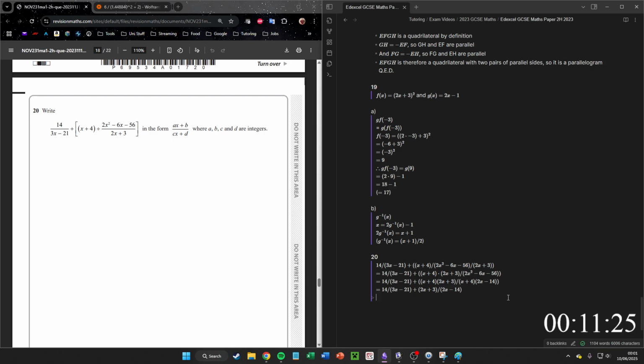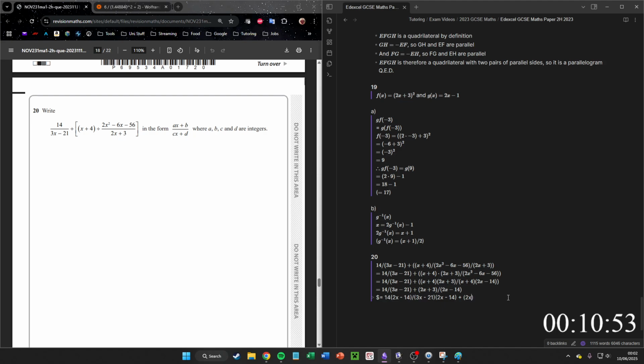Now, this is where it might get a bit horrible. We have to get the common denominator, don't we? So we have to multiply, cross multiply basically the factors, 14 divided by 3x minus 21 multiplied by 2x minus 14 plus, this should all be bracketed better than it is.